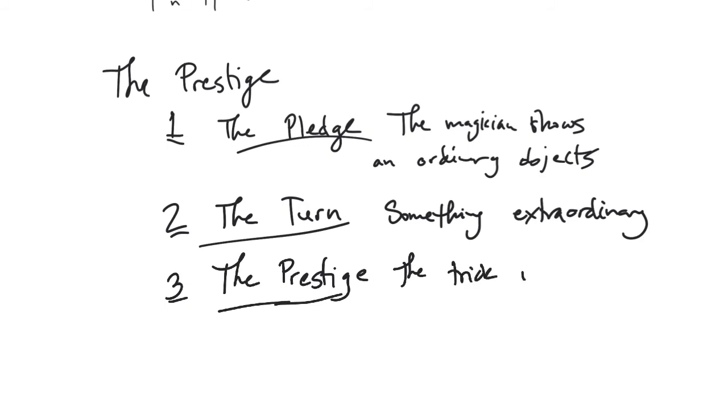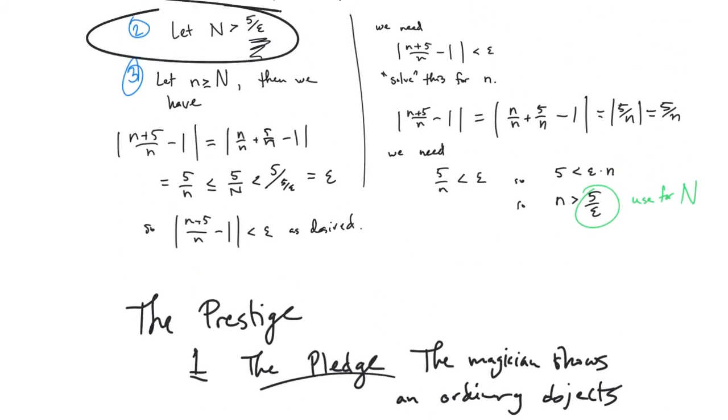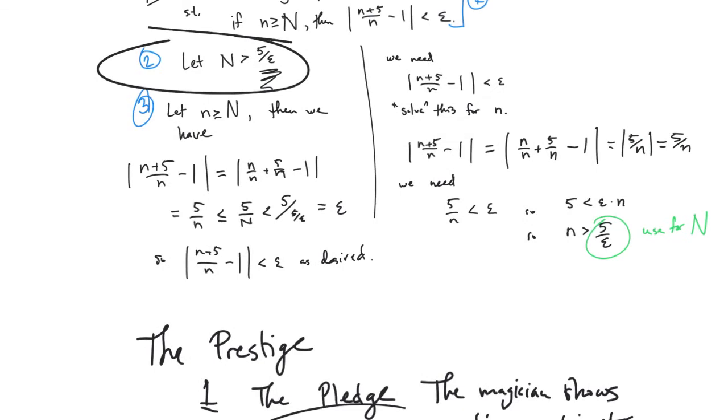That's what step 3 is in this type of proof. Step 2 is where the magic happens, and in step 3 you are showing everybody that the magic is truly what you said it was. You are demonstrating that the desired inequality really is true. All right. So these are the 3 steps. If you can remember the structure to these kinds of proofs, hopefully the details will work out nicely every time.